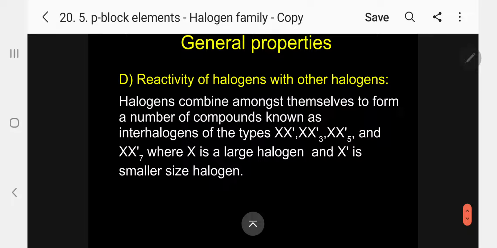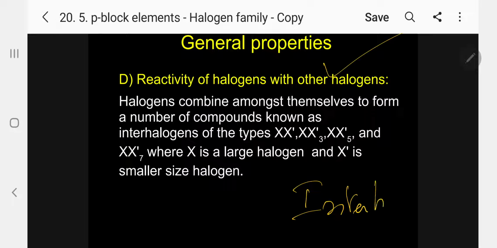Now, the reactivity of a halogen with another halogen. This I have already called interhalogen compounds. They react among themselves.